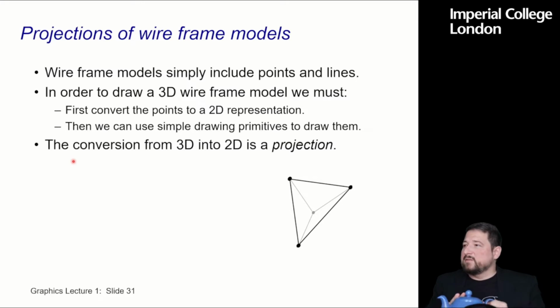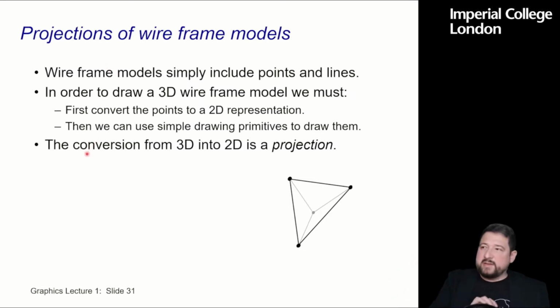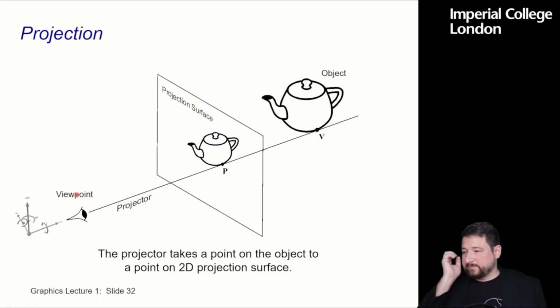So then we can use our drawing primitives, points and lines and so on, to just draw them on our screen. So the conversion from 3D to 2D is called a projection. And you might be very familiar with that. This is a concept from discrete math, which you should have used quite a lot to process data in the past.